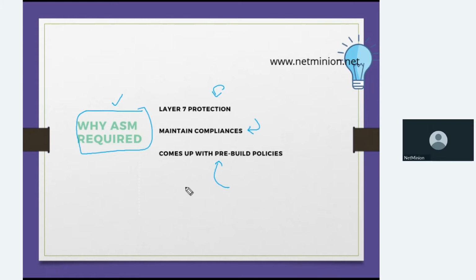In those policies, there are couple of predefined applications, so we need not learn the items and entities for those applications from scratch, because there is already a database available for those well-known applications. I will show you later in our classes, don't worry. But that is what we are talking about: it comes with pre-built policies.